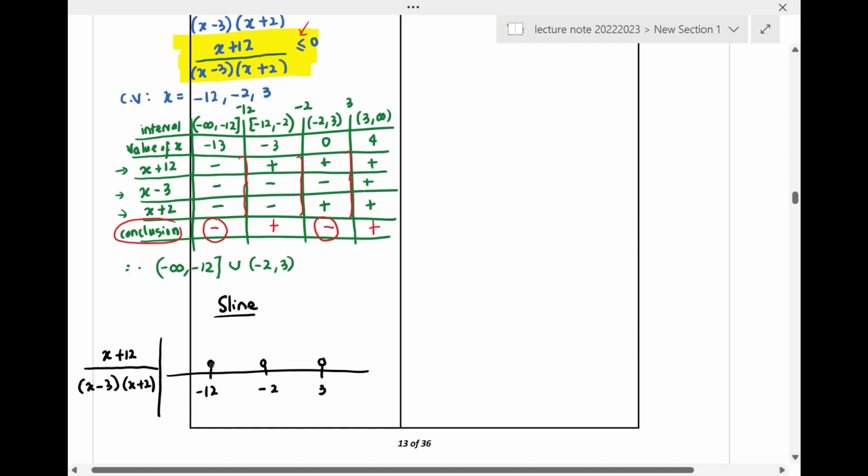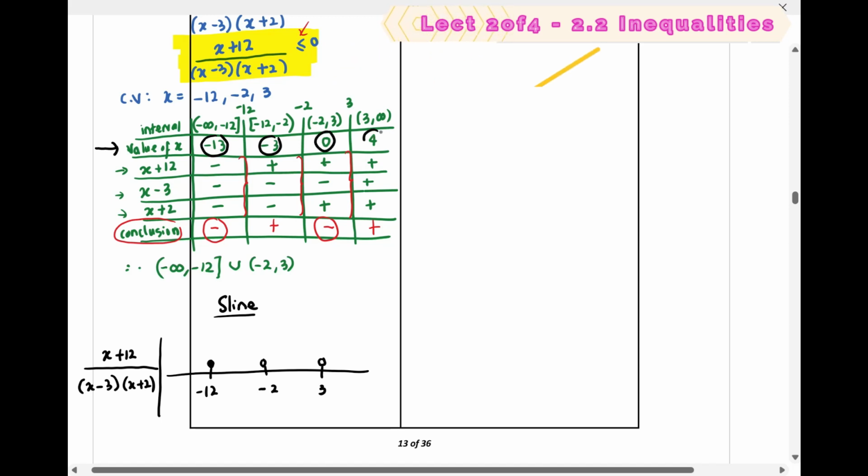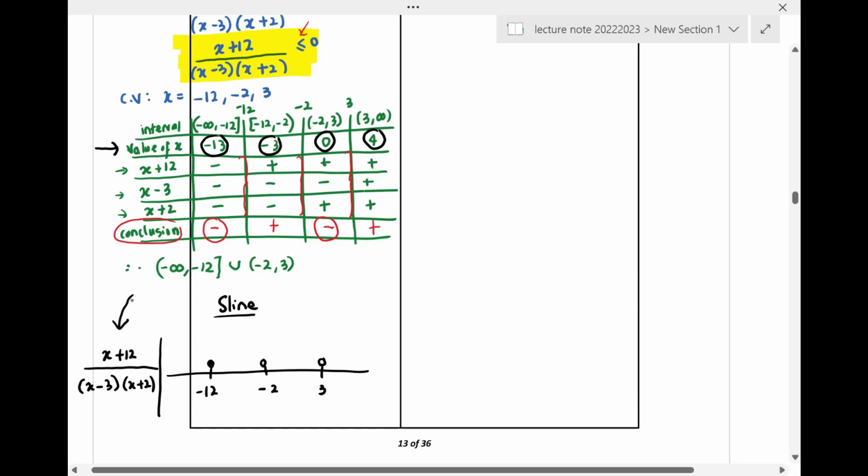Okay. Next, what do we do next? Very simple. Just choose a number again between this negative 12 and negative 2. Same as the one we got earlier for value of x. So let's say we use the same numbers, negative 13, negative 3, 0, and 4. Okay. So what we do next is, by using our calculator, we will key in this rational expression into our calculator.